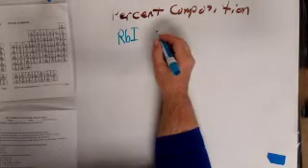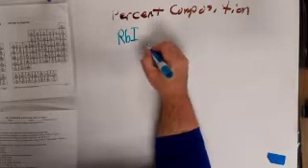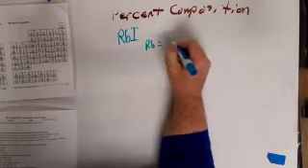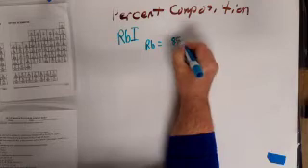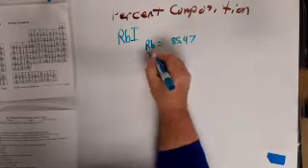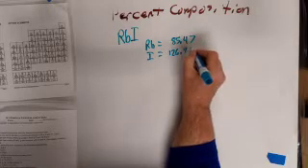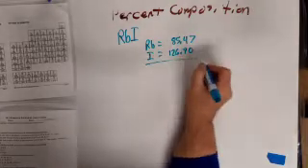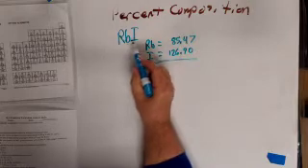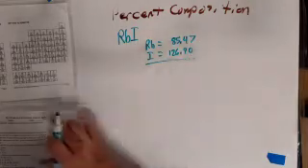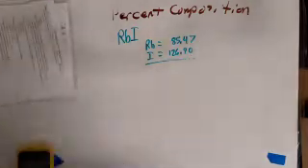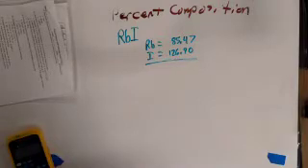So we find rubidium, and Rb has a mass of 85.47. Iodine has a mass of 126.90. So we're going to add those together. This is a 1-to-1 ratio, so we just add them together just like they are. So 126.90 plus 85.47.